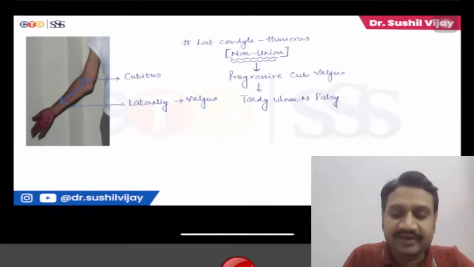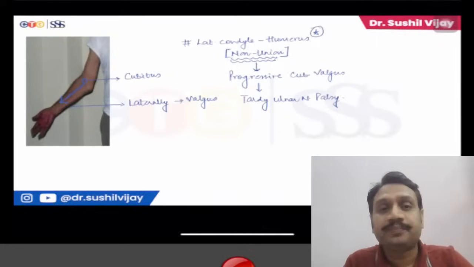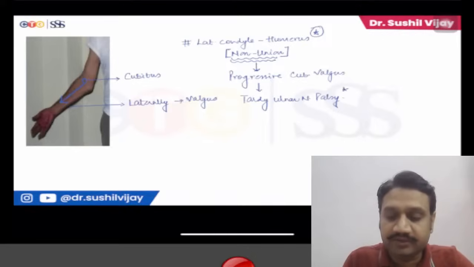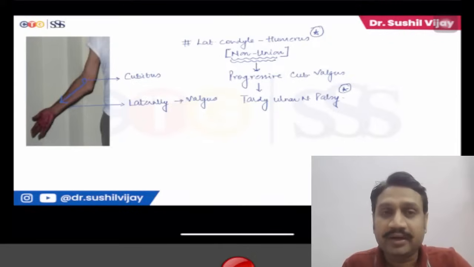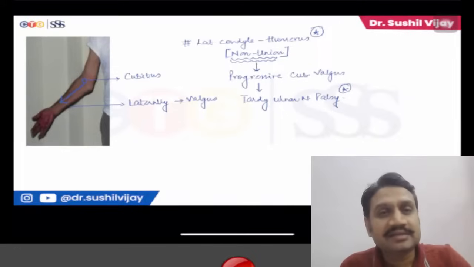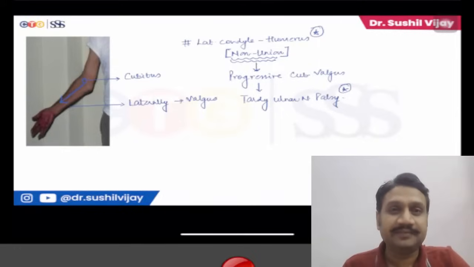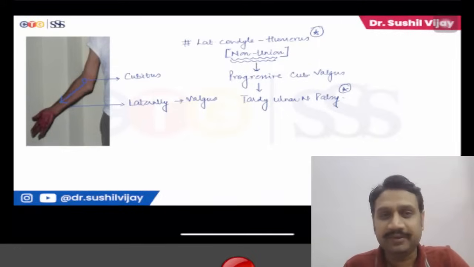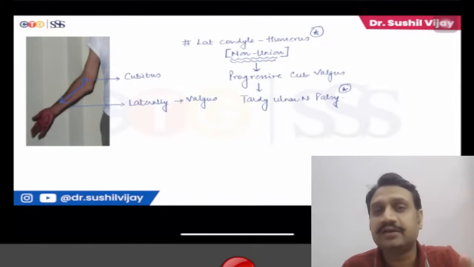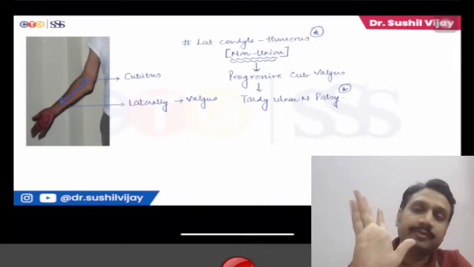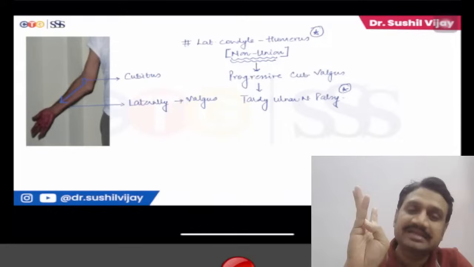Reason being, the fracture here is on the lateral side of the elbow, and the nerve getting involved is on the medial side of the elbow. One cross area: injury is on the lateral side, nerve involved is on the medial side. So always and always remember this cross area. If in your exam the ulnar nerve is involved, the patient is going to have trouble in the distribution of the ulnar nerve, that is on the medial side, right?